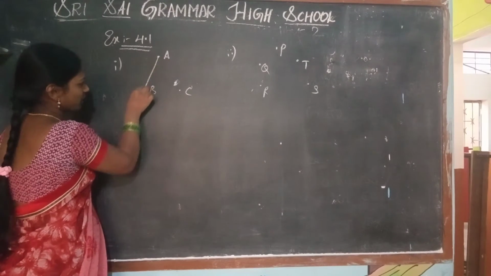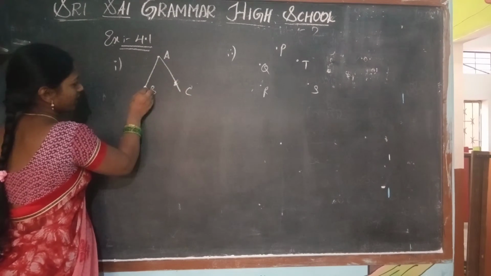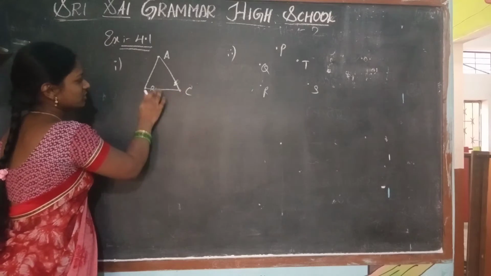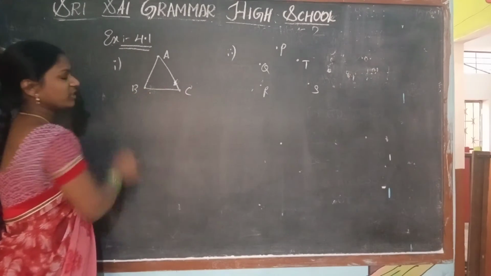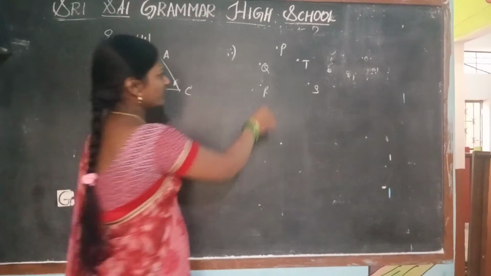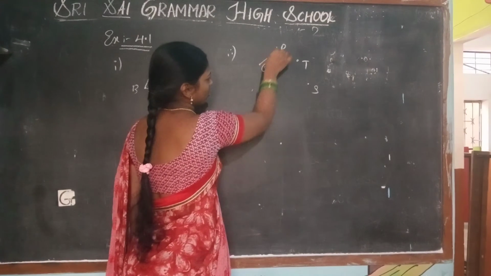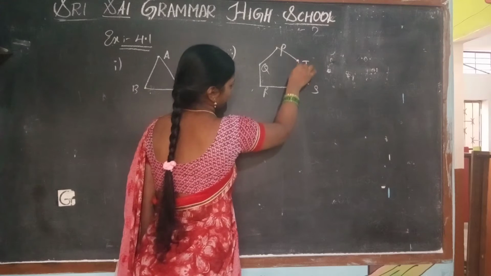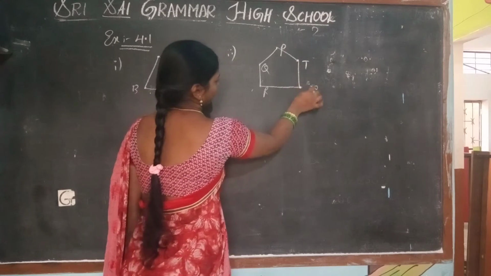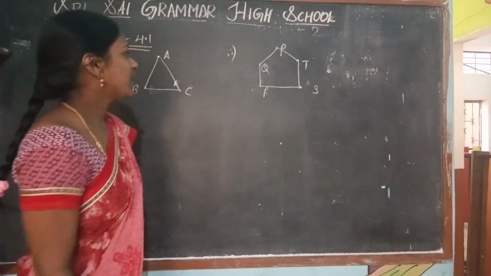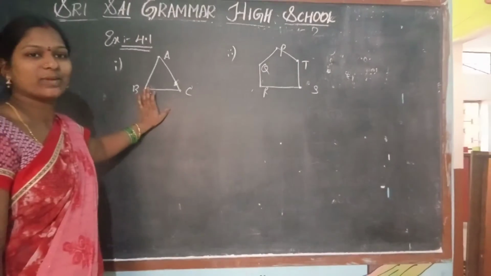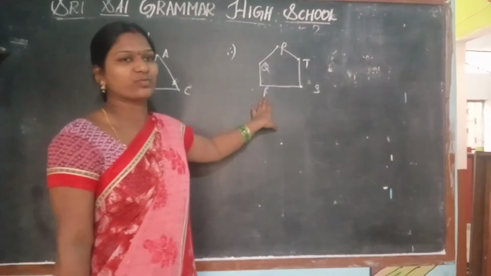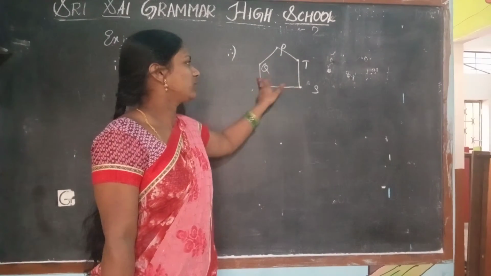See, join the points here, A to B and B to C, and here join this. Now whenever you see after joining, a triangle is formed here and a pentagon is formed here. 1, 2, 3, 4, 5.